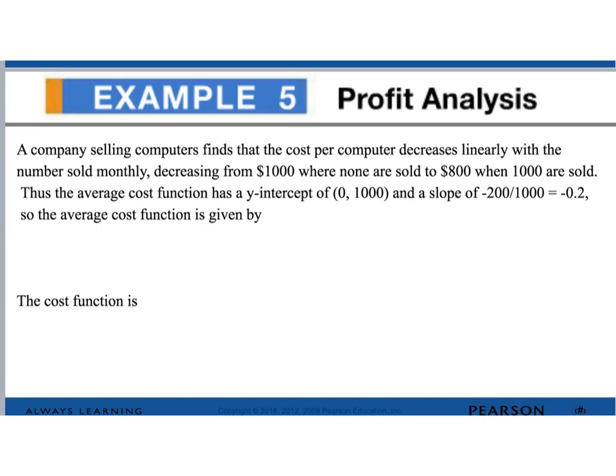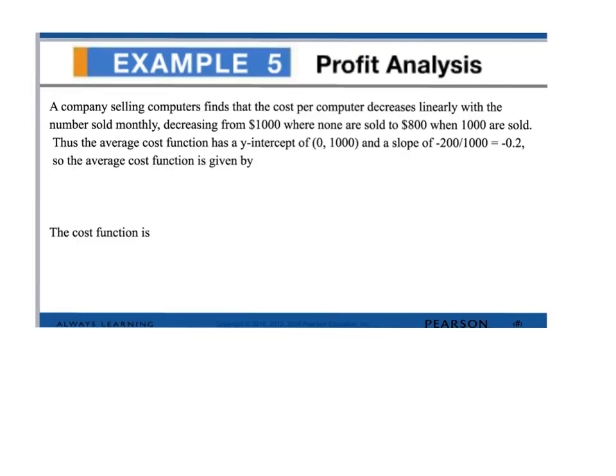Why are we even studying all this? Well, we're studying this because it's good for something called profit analysis. So here we have an example of profit analysis. A company selling computers finds that the cost per computer decreases linearly with the number that are sold monthly.